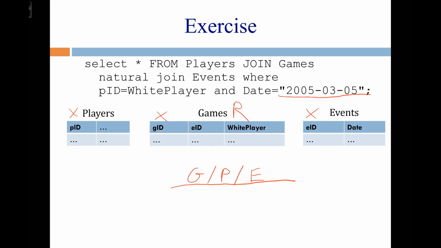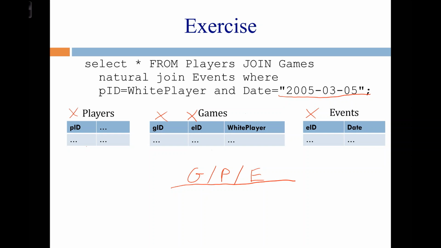Those indexes would be, if we wanted to use players on the outside, then we would need an index on games.whitePlayer so that we could take a player and find the games in which they played as white. If we wanted to use events on the outside, then we would need an index on games.eid.